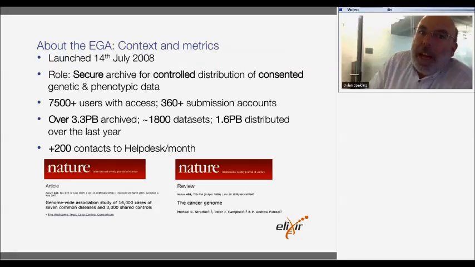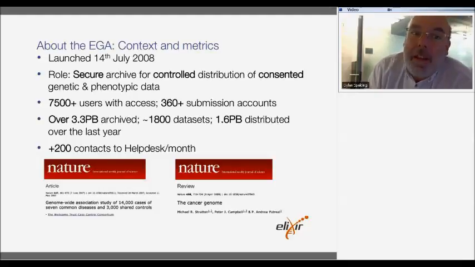So some context and metrics about the EGA. It was launched in 2008 as a secure archive for controlled distribution of consented data. We have around 7,500 users who've been granted access to one or more data sets. We have submission accounts for over 360 users. The total size of the archive is over 3.3 petabytes, and that's divided into approximately 1,800 data sets.